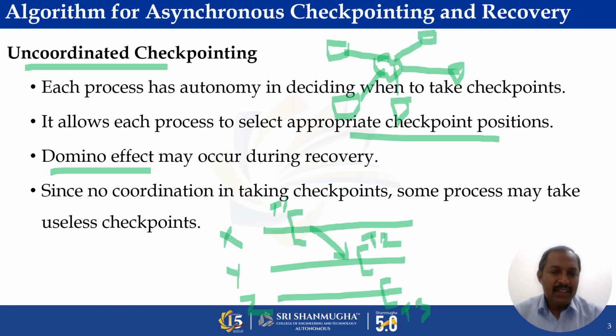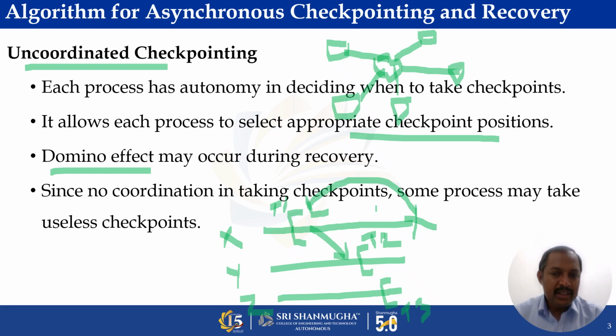Suppose a failure occurs in the system, say a failure at X. Then it will apply the recovery process. Control goes back to the checkpoint taken at time T1. Now what about T2? Y received a message which was sent by X earlier.